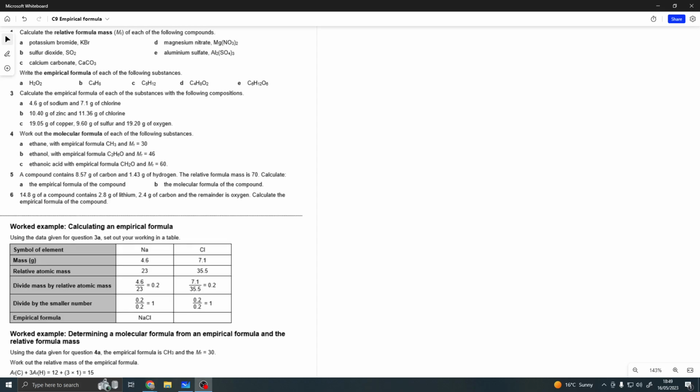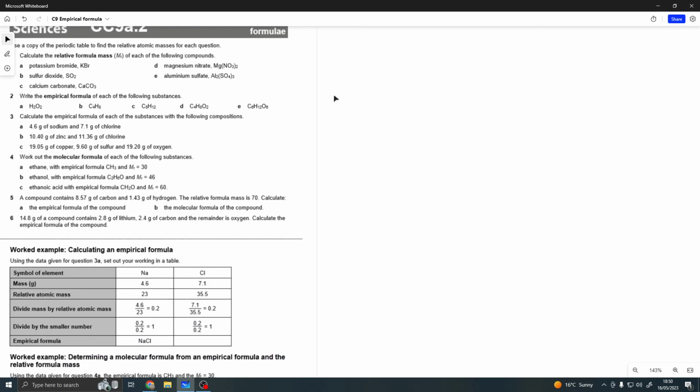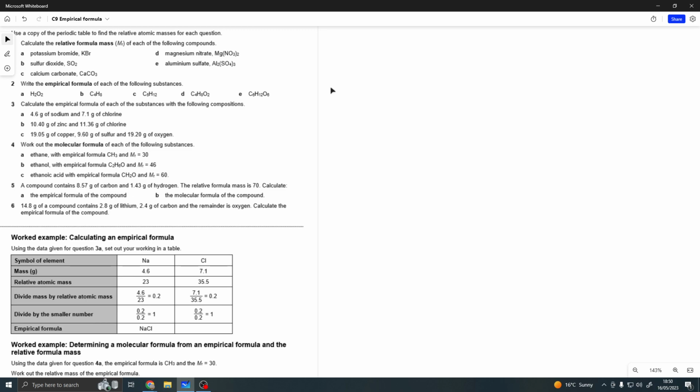Okay, let's now begin this next part of our empirical formula lesson. So we are looking at the sheet CC9A.2. It says, first of all, let's calculate the relative formula mass of the following compounds. Okay, so KBr. Well, first of all, K is, let's have a look, 1A.